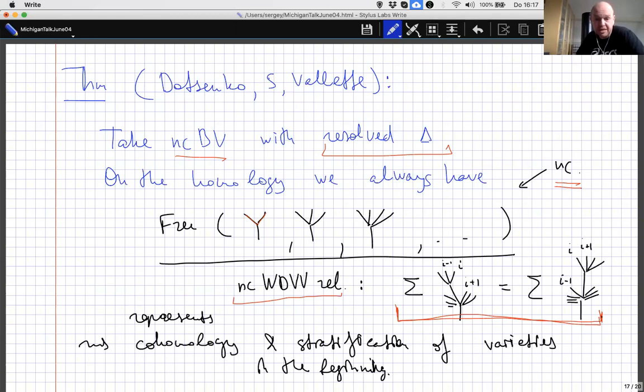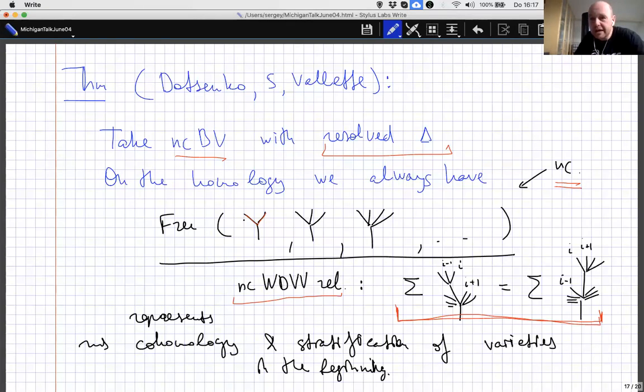But this algebraic structure that I get trying to homotopically resolve delta in a non-commutative BV algebra properly represents cohomology and stratification of the varieties that I had in the beginning, the toric varieties of Ladea and Shadrin, right? So we see that we are approaching the right thing. Very good. So let me continue.